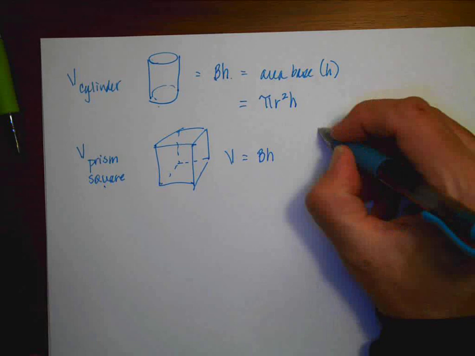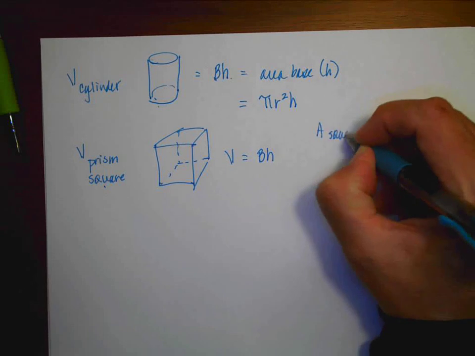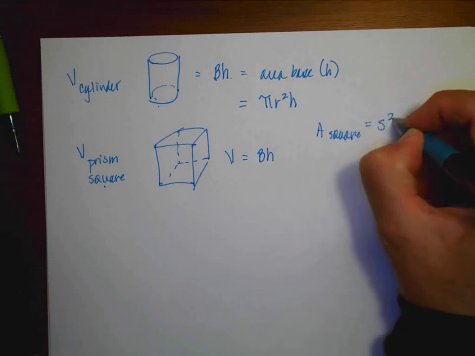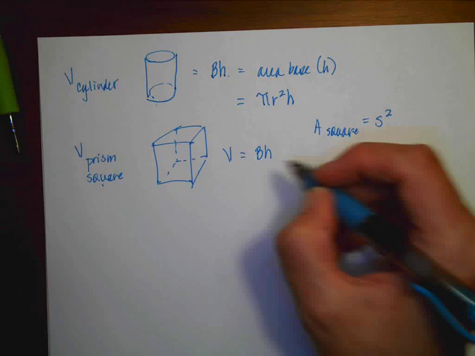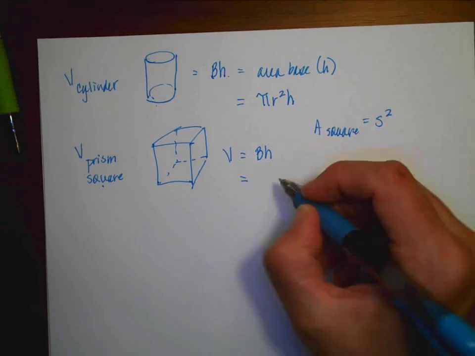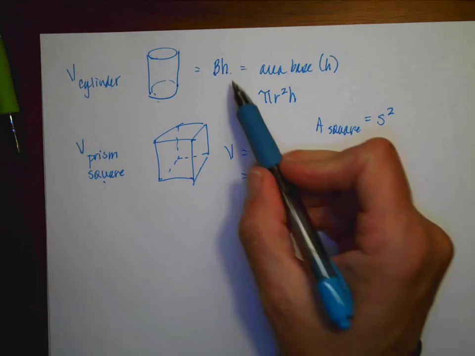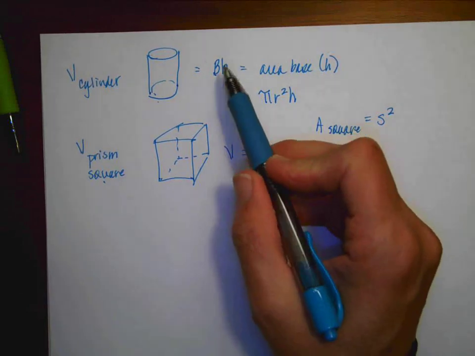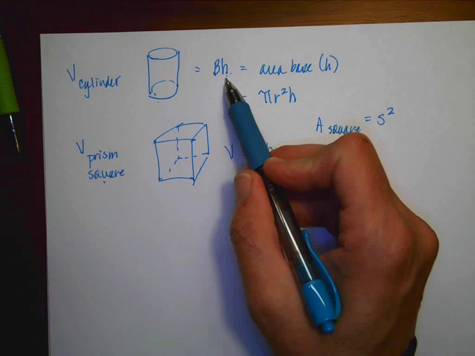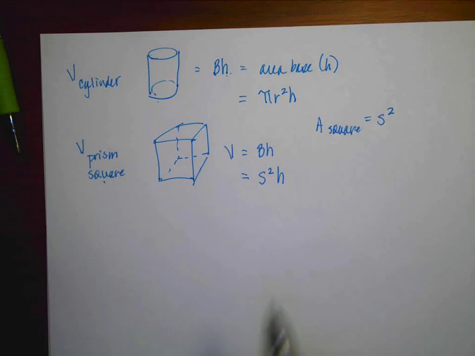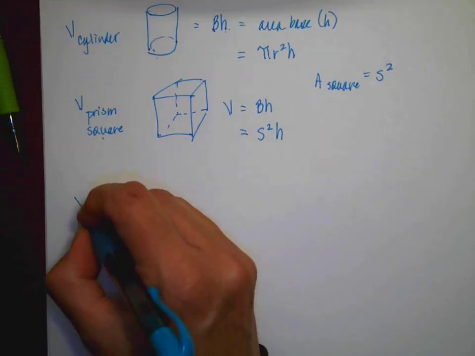But if it's a square, and I think I forgot to give you that formula, so let's go back and say the area of a square is side squared. So then the volume becomes side squared times h. So it's really handy if you remember that the volume of any figure is the area of the base times the height.